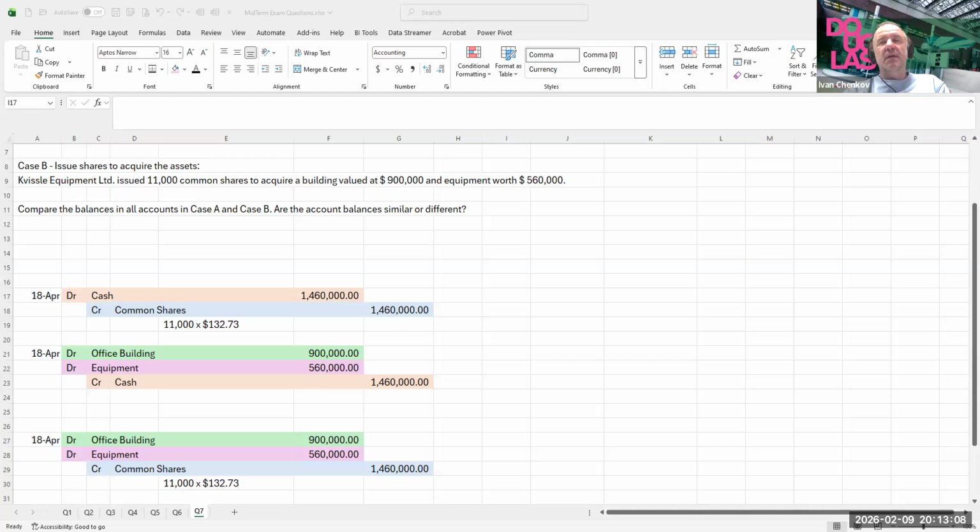Plus you have to close the dividends and income summary accounts into the retained earnings, which is repetition from chapter 11. On chapter 13, you're also going to have to calculate the book value for preferred shares and book value for common shares. Only the book value.